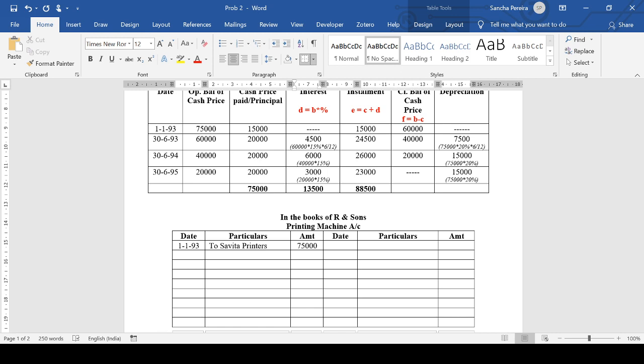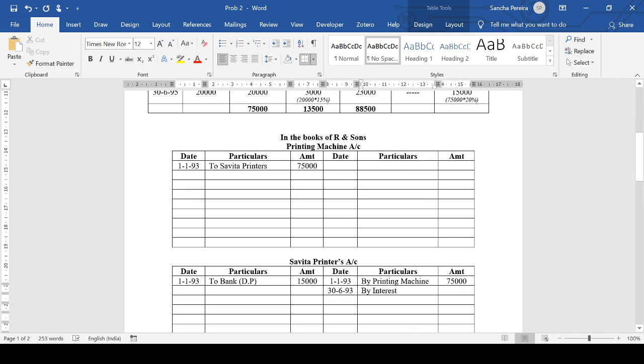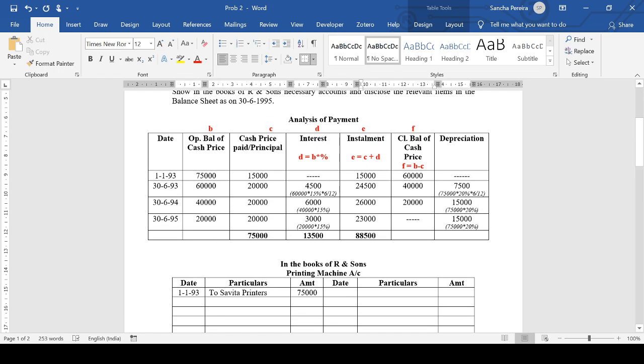Okay. So for the interest due, what is the entry? We are in the books of the hire purchaser. It will be interest account debit to Savita Printers account. So in Savita Printers, you will have by interest. And how much is that interest? The interest is 4,500.